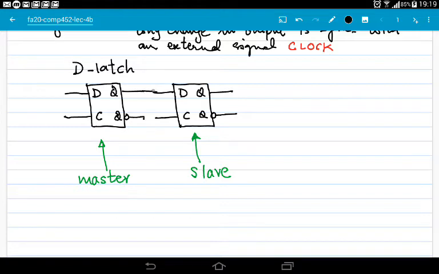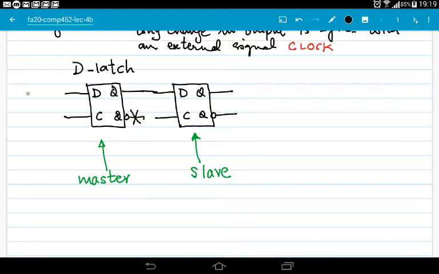So let's connect this output. The output of master latch is connected to the D input of slave latch. We will not be worried about this inverted output.